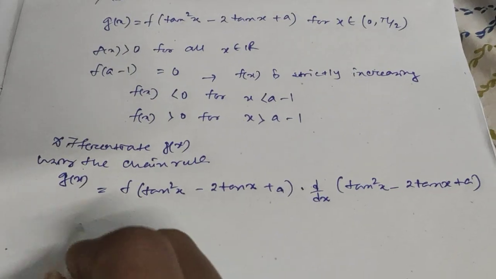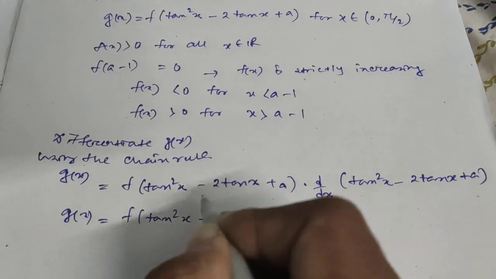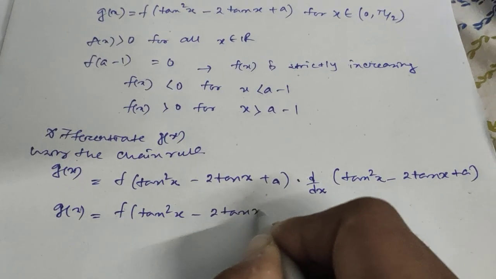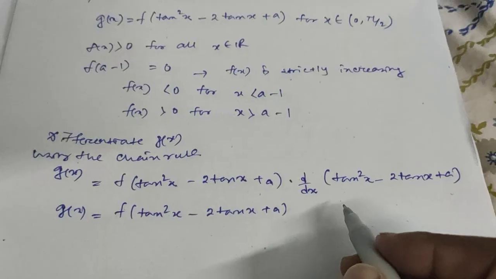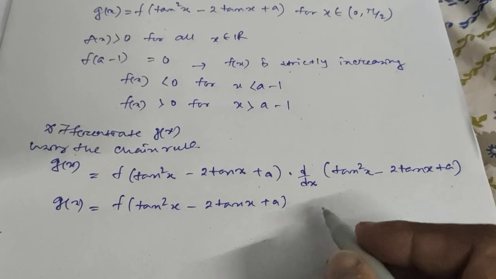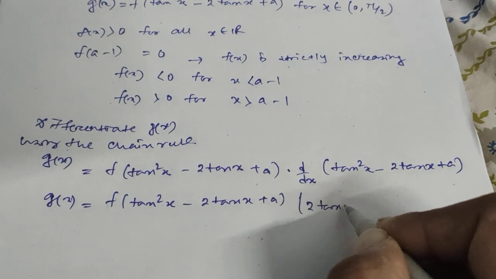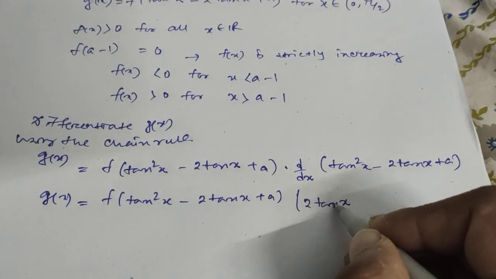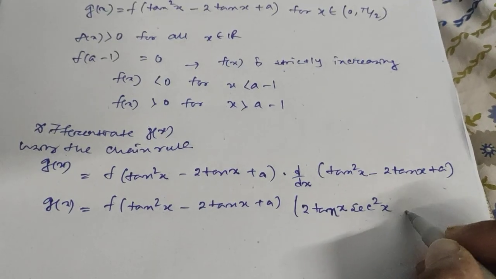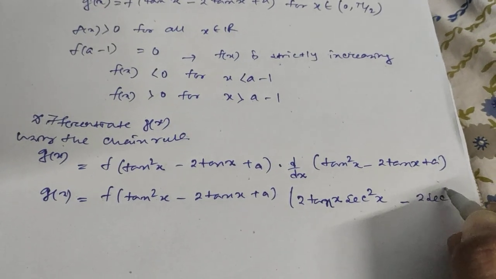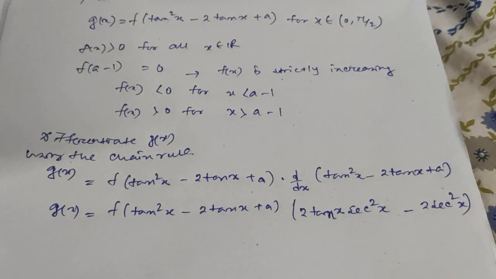So now g x equals f of tan²x minus 2 tan x plus a. Then we need to do the derivative of it. So that is 2 tan x sec square x minus 2 sec square x, for a is a constant so its derivative is 0, right?